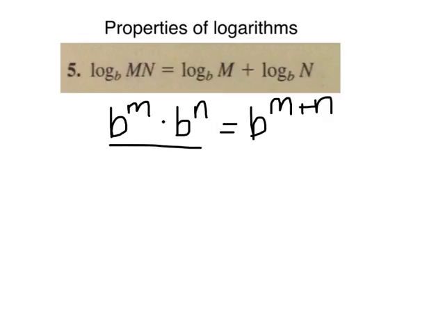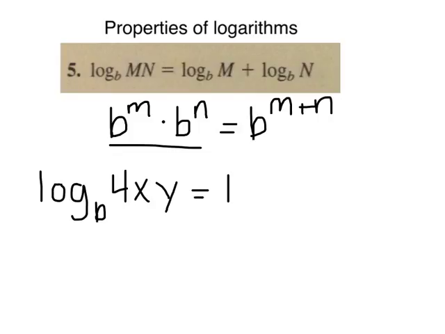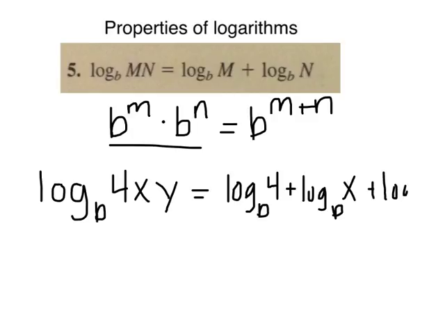Okay, so if I had log base b of 4xy, something like that, you can break that up as log base b of 4 plus log base b of x plus log base b of y. So you can break that up. You can actually also condense it if you wanted to.